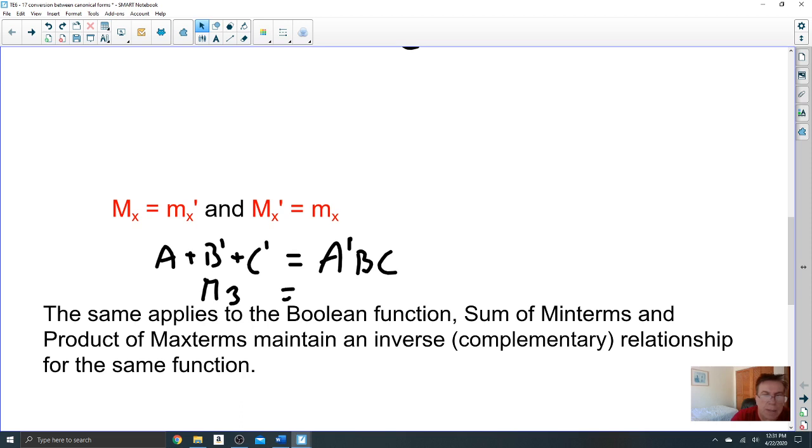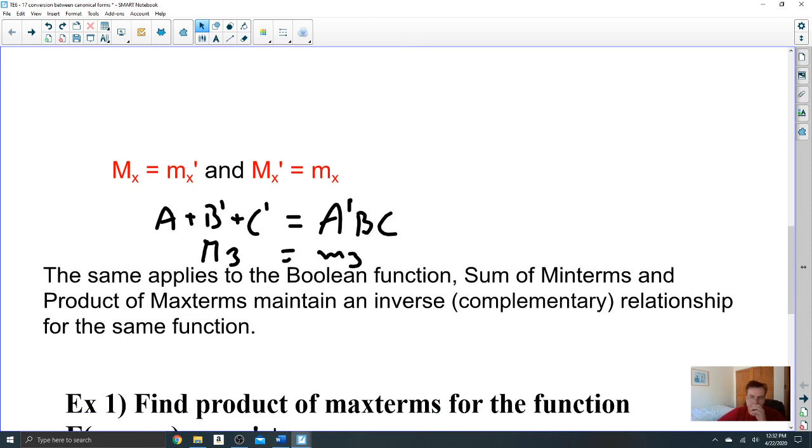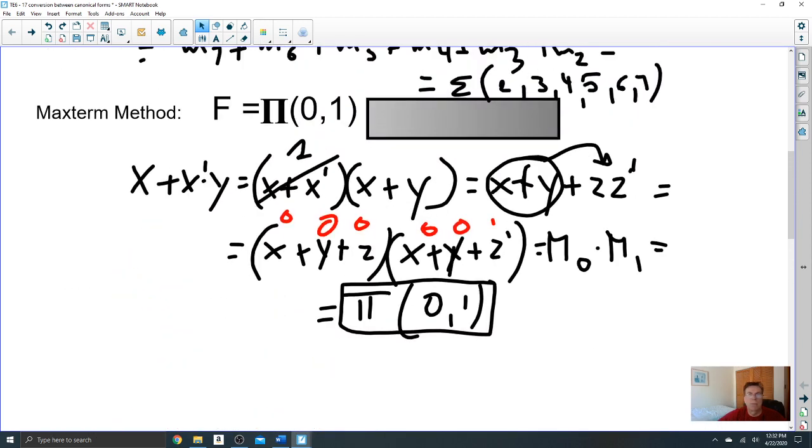And this is min term 3. So as you see, if you prime a max term, you get the min term. If you prime max term x, you get the min term x. If you prime min term x, you get the max term x. So this is the complementary relationship between min terms and max terms. If you prime the max term, you get a min term of the same subscript. The same applies to the Boolean function. That means the sum of min terms and the product of max terms are in complementary relationships with the same function, which we saw here, right?